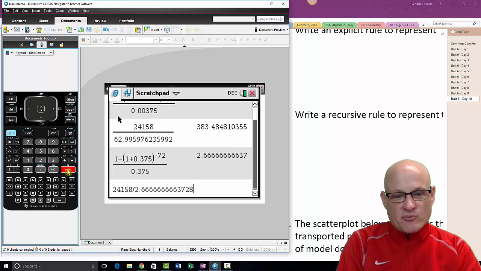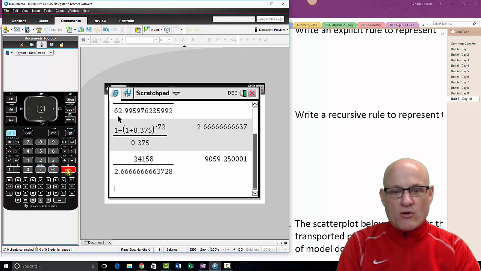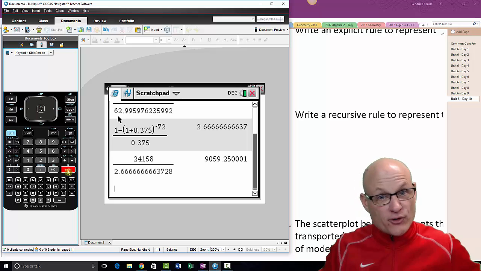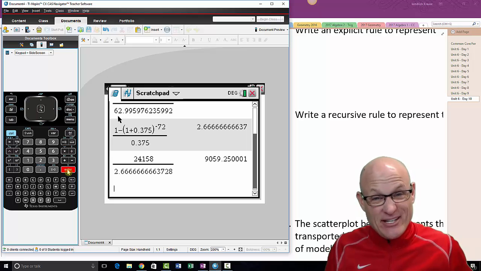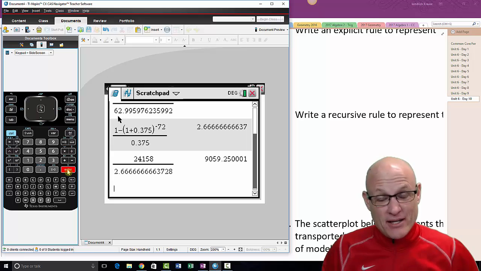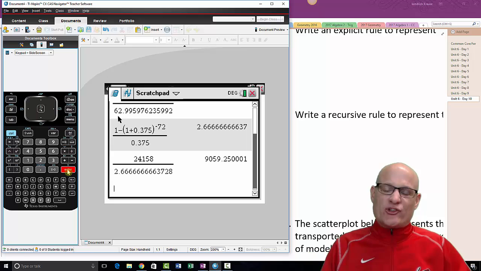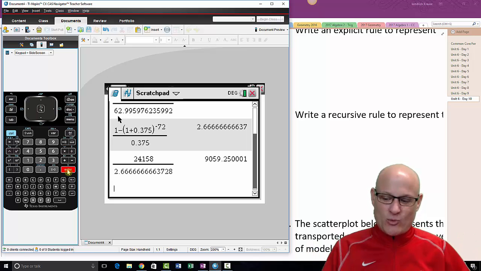Let's see if this makes sense for my monthly payment. Oh, I've got to pay $9,000 a month for a car. For 6 years, 72 months, you're going to pay $9,000 a month? It's like a $1 million car. Okay, that doesn't make sense. So just make sure your answer makes sense when you're done.